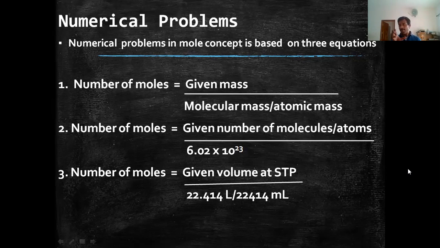Suppose the given volume is in milliliter, then what is the equation? Given volume at STP divided by 22,400 ml. The units in the numerator and in the denominator should be the same. That is very important. Now we can see some problems based on this equation. Then the equations will be more clear to you.